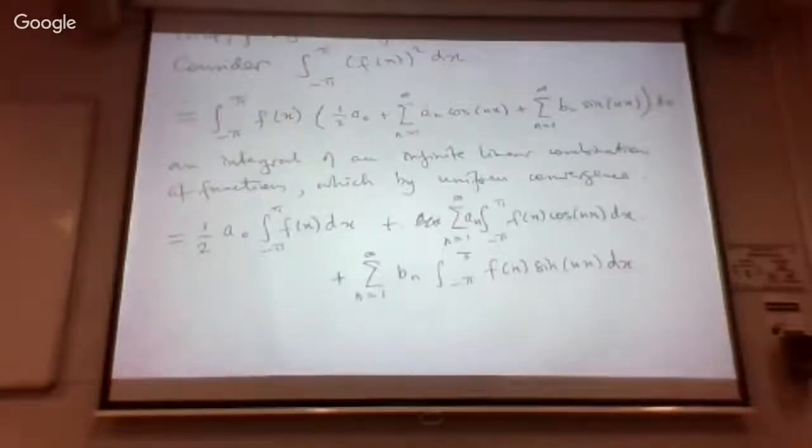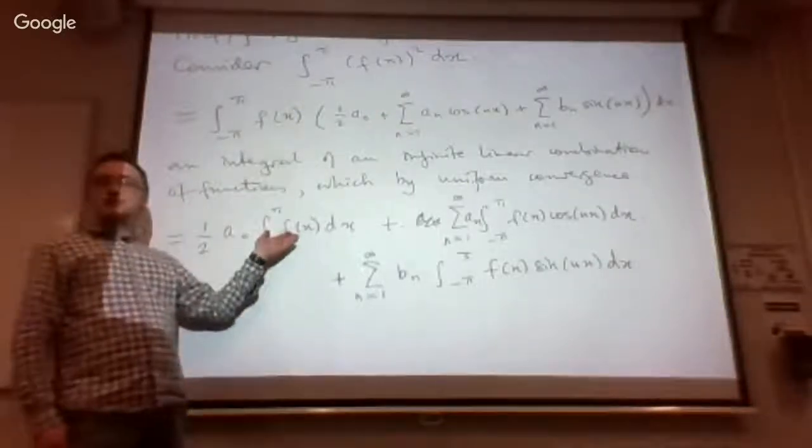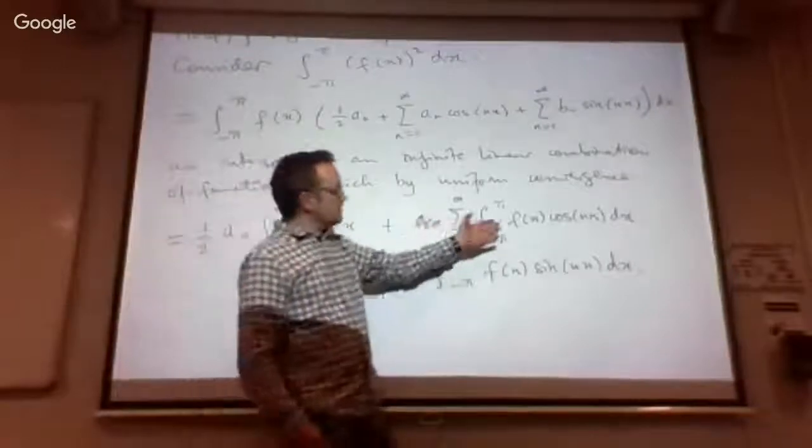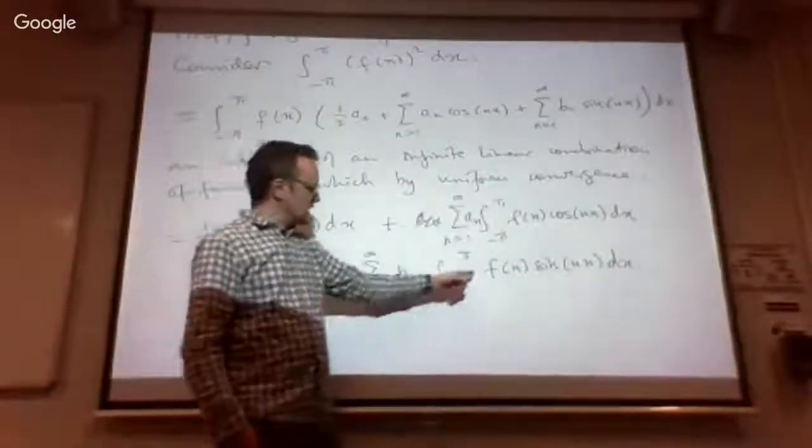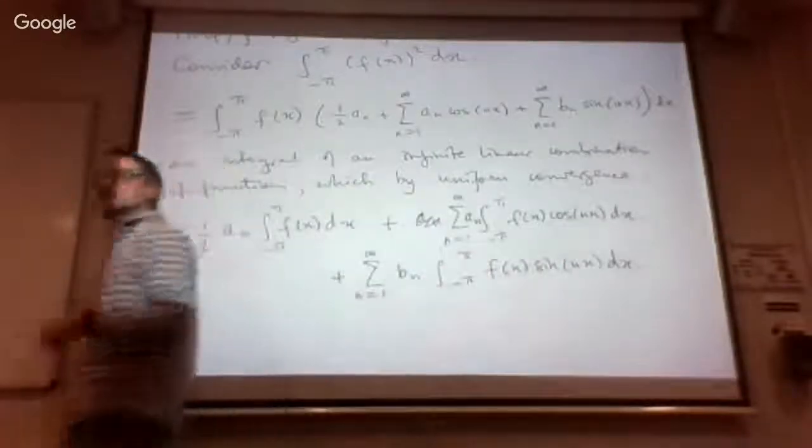But those integrals look extremely familiar to us. The integral of the function, the integral of the function times the cosine nx function, the integral of the function times the sine nx function.